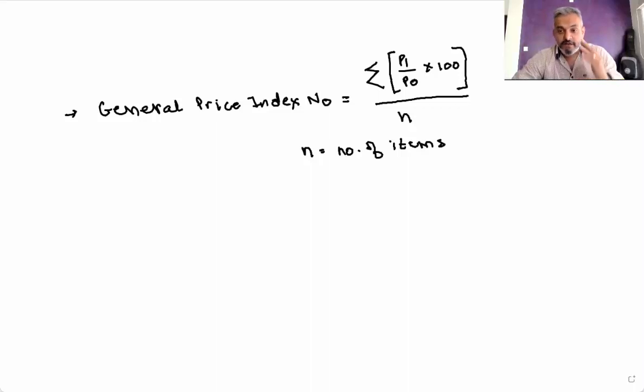Price of grains have increased, but it may happen that price of cereals have decreased. So for every item, we have an index number, but we want to see overall index number. What is the overall price rise in this group of commodities? And that is why we have general price index number. So please write this formula.